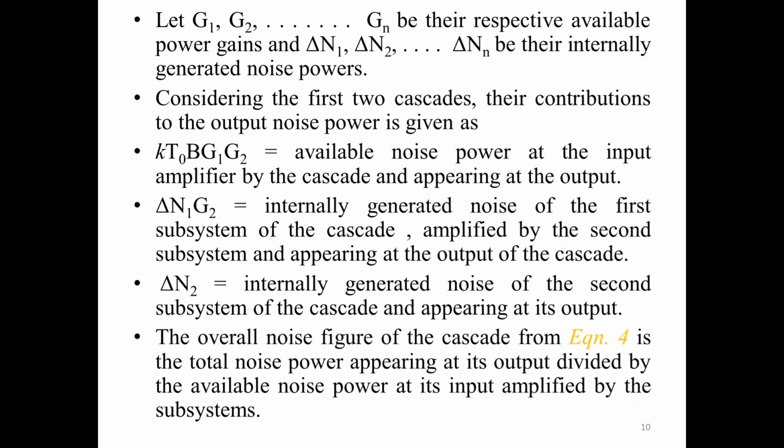The overall noise figure of the first of the cascade from equation 4 is the total noise power appearing at its output divided by the available noise power at its input amplified by the system.